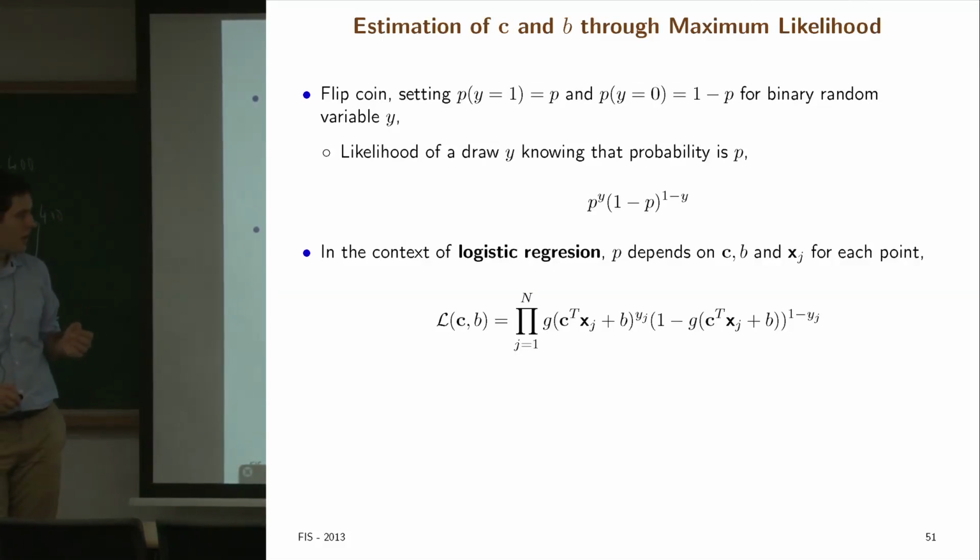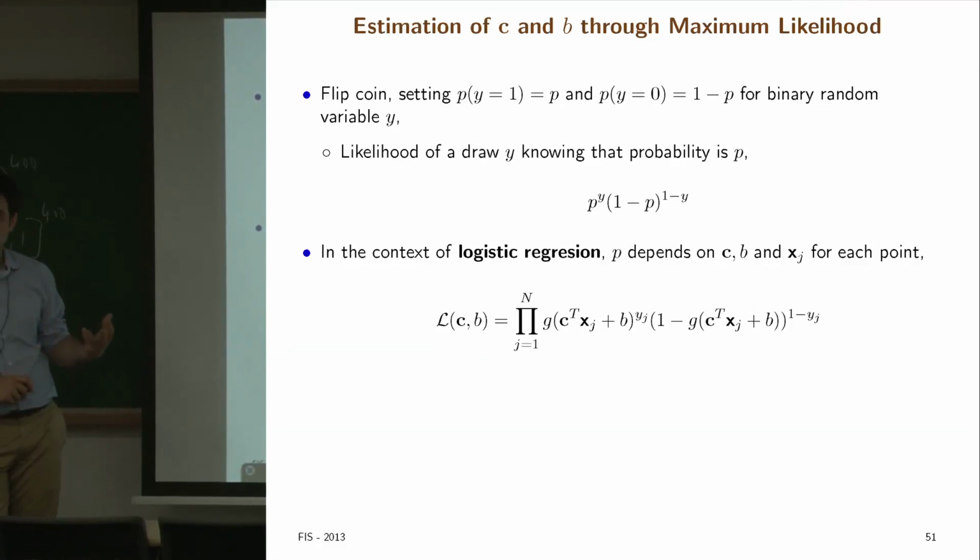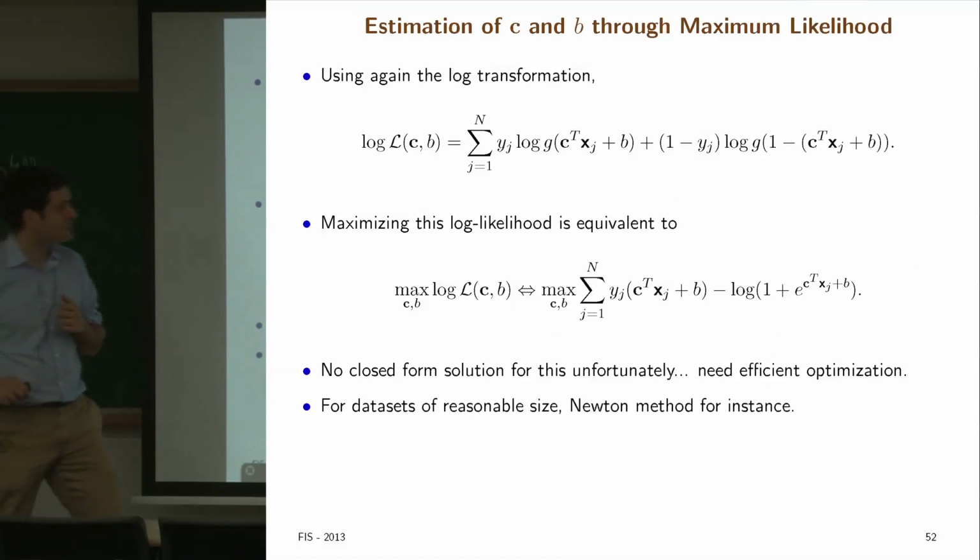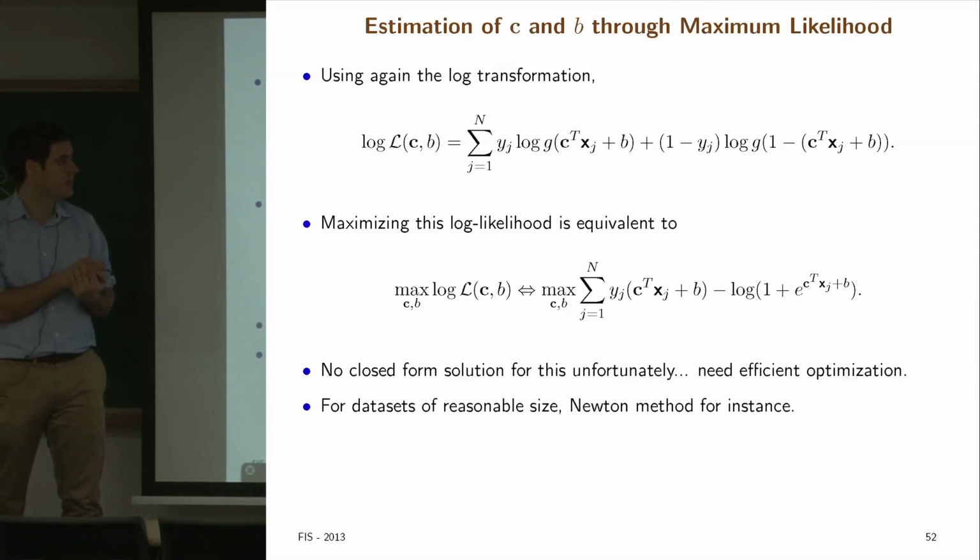So this is exactly what I was saying before. The features of xj contribute linearly to the increase of the probability. And when you have an observation which also has a yj, you just look at them and get the probability. Since all the observations have been independently sampled, the likelihood of this data set with respect to C and B is this function. So what we will do is use maximum likelihood estimation to estimate C and B.